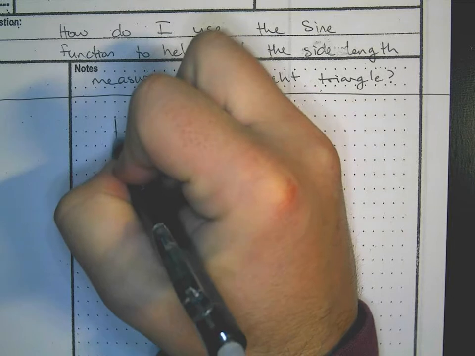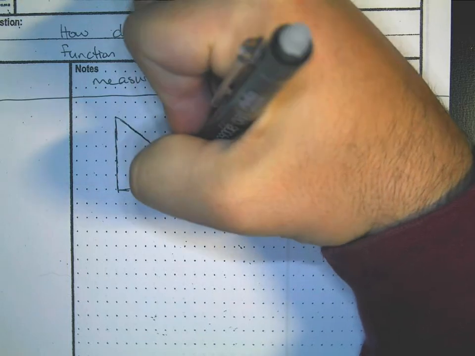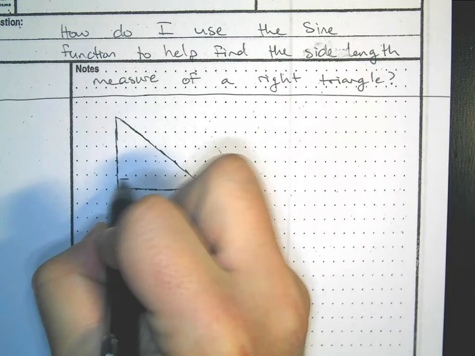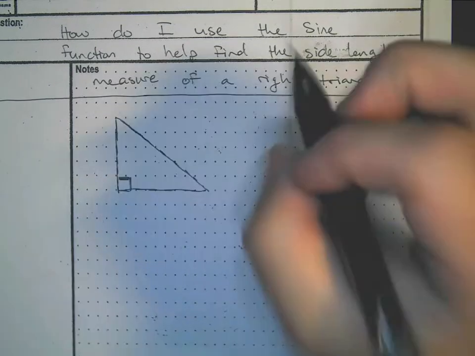We're going to be dealing with only right triangles, and it's really about being able to properly label your triangle given an angle of focus.